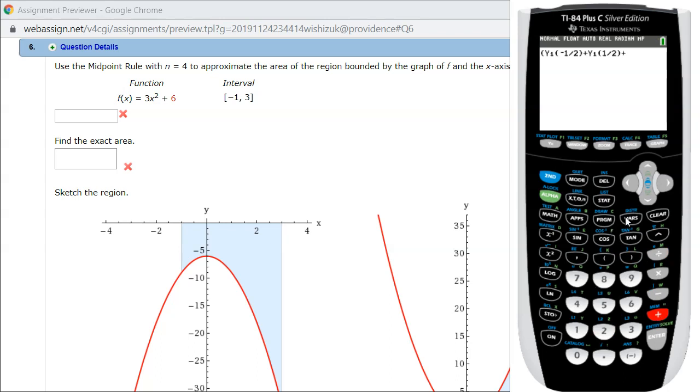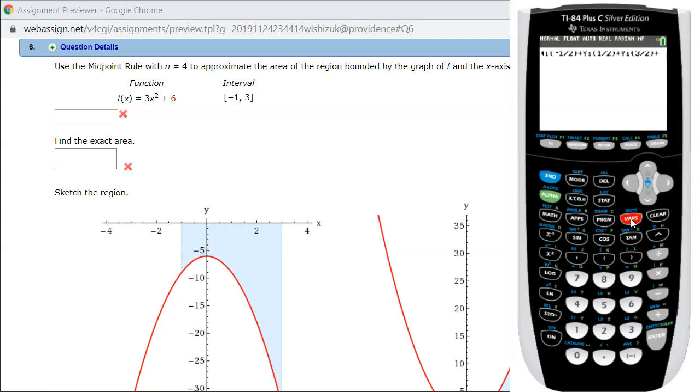Then vars, y vars, function, and first one, y1. The next midpoint is going to be 3/2, so 3 divided by 2, and the right parenthesis. And the plus.